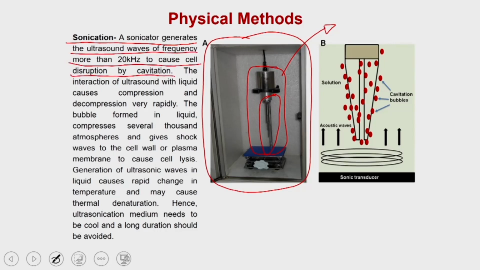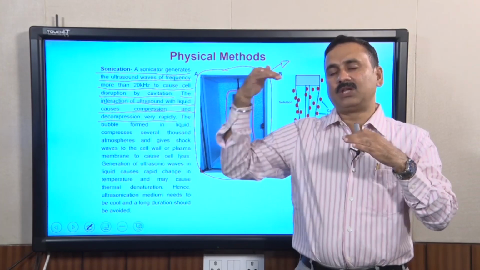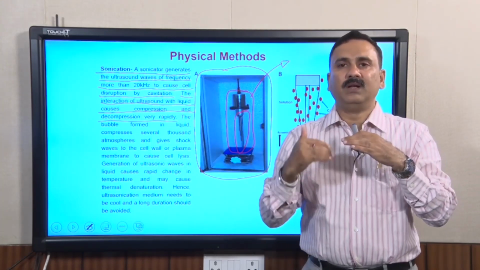The sonicator generates ultrasound waves of frequency more than 20 kilohertz to cause cell disruption by a process known as cavitation. The interaction of the ultrasound with the liquid causes very rapid compression and decompression, which means the ultrasound waves transmit energy differentially to different layers of the liquid.